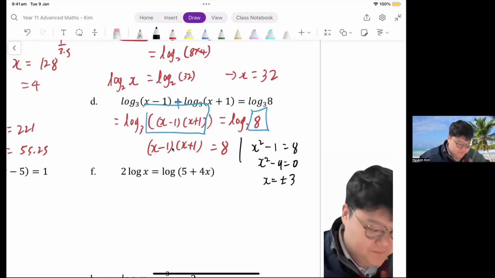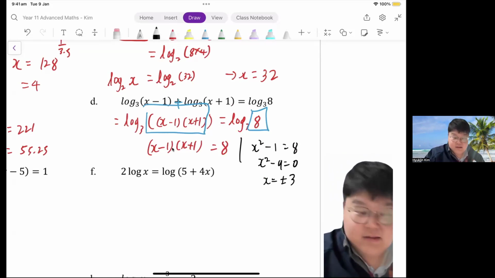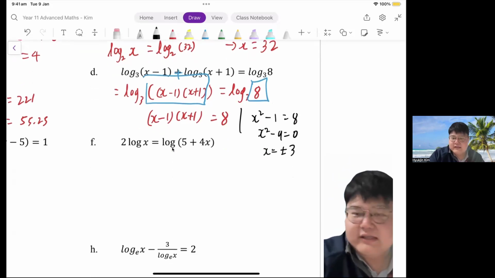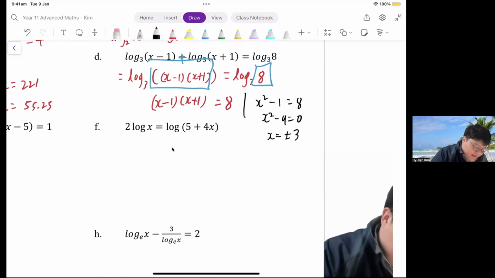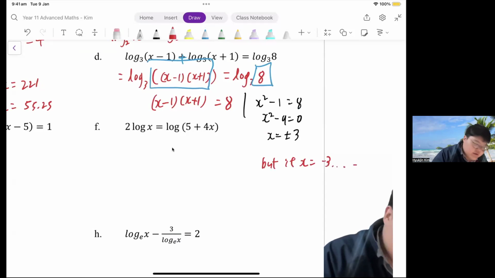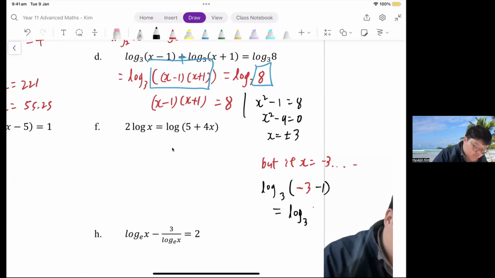And then you will think about a certain property that you can't have. This was in the do now, the last question in the do now. Oh, no, it was question D, I think. If x is negative 3, this means I have log 3 of negative 3 minus 1, which is log 3 of negative 4.